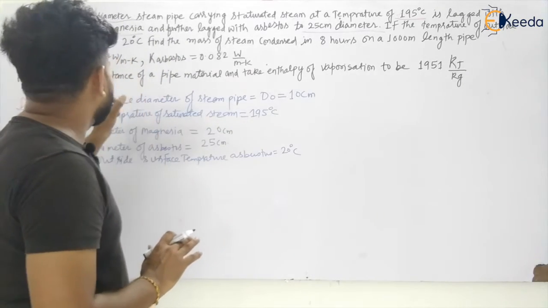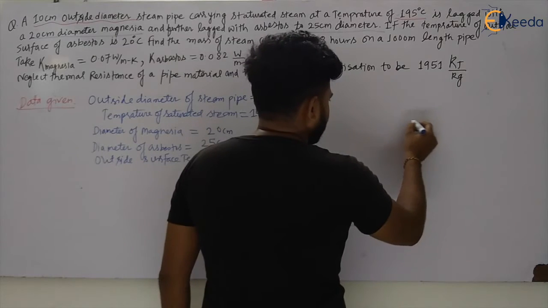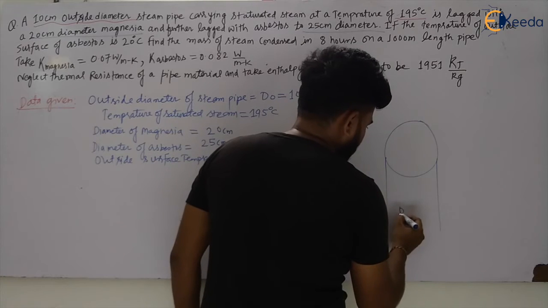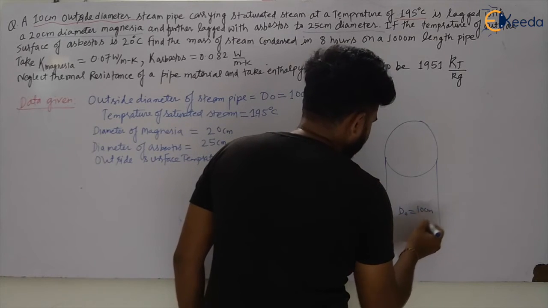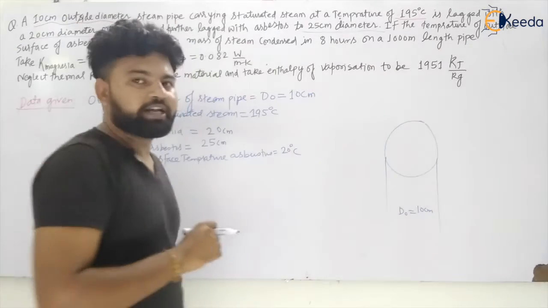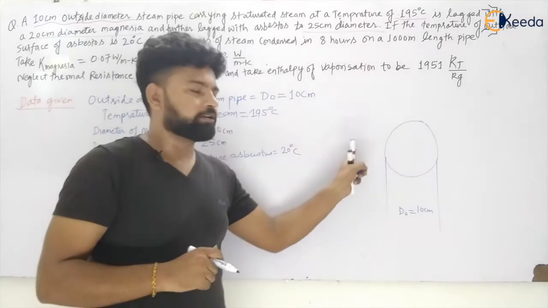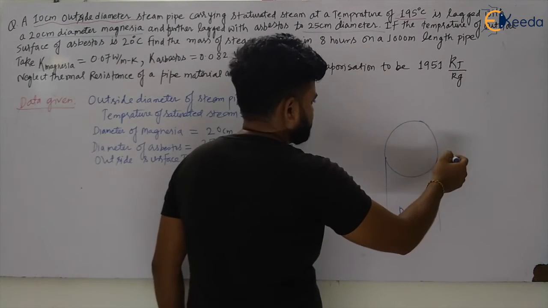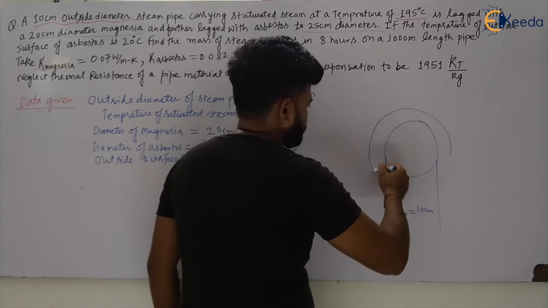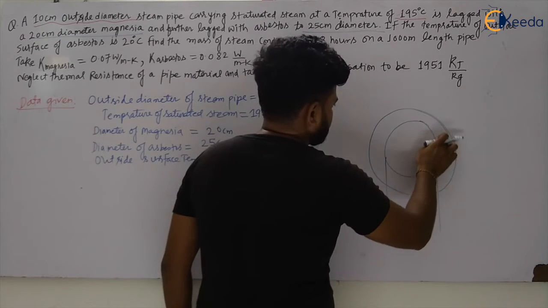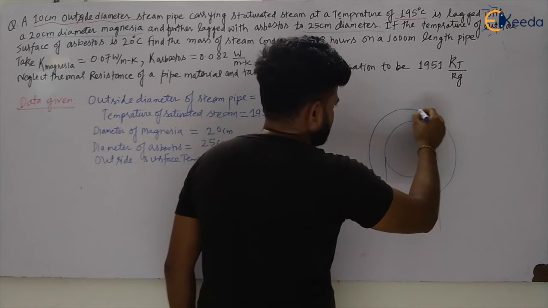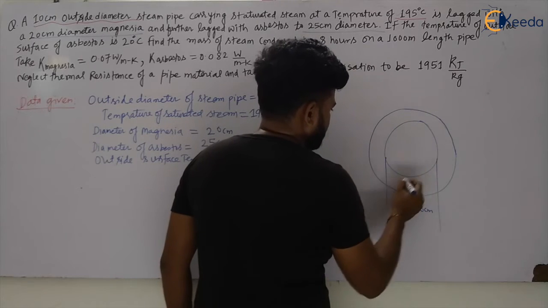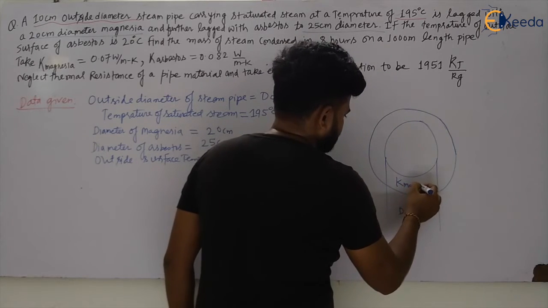So there is a 10 centimeter diameter steam pipe, that is D naught equal to 10 centimeter. Then it is lagged with some magnesia insulation, that is K magnesia.